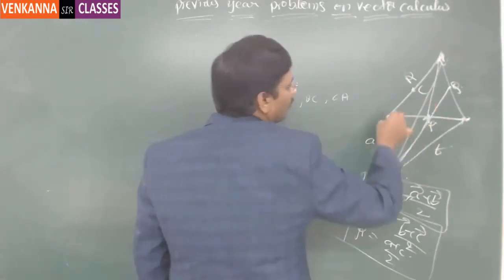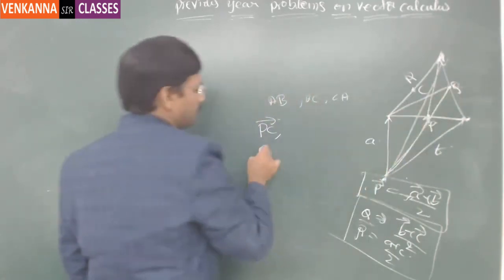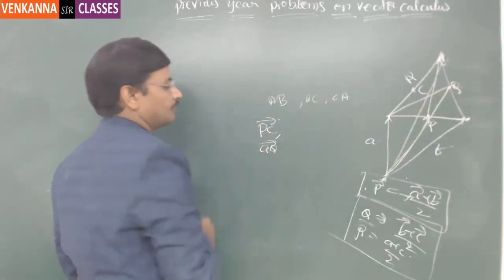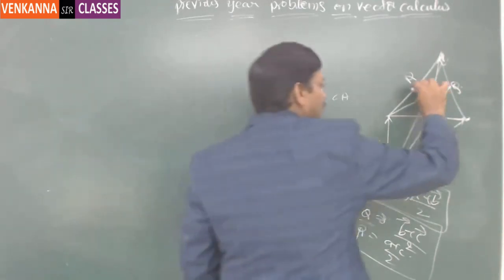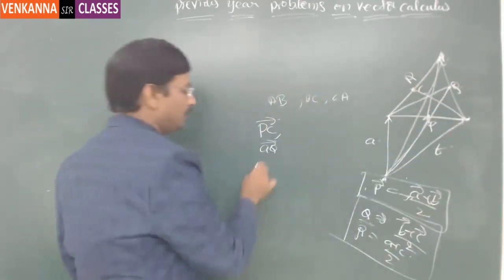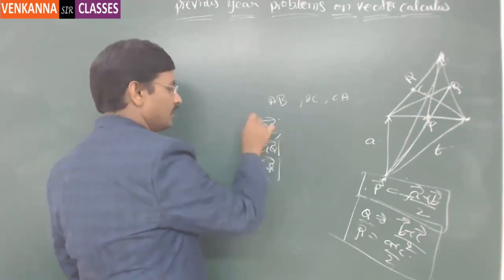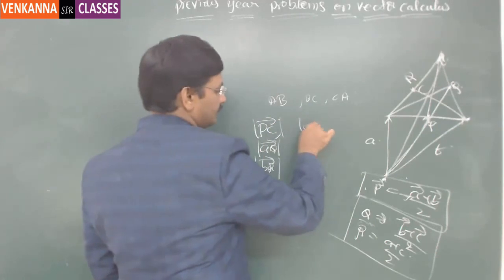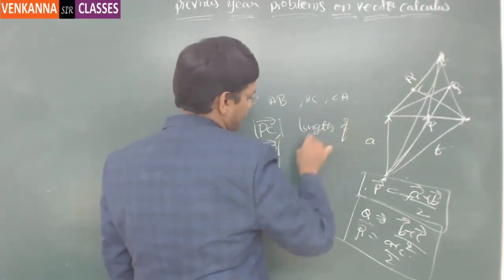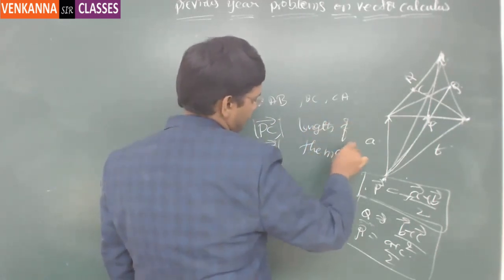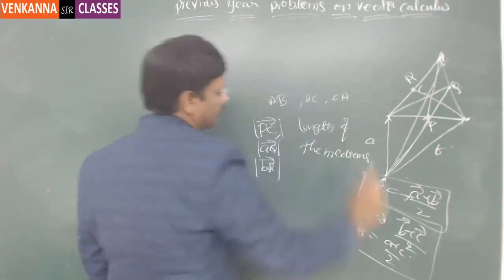Then if you want to find this median, the AQ vector also you have to find, and for this median, the BR vector you have to find. Now the modulus of these values are nothing but the lengths of the medians. Got it?